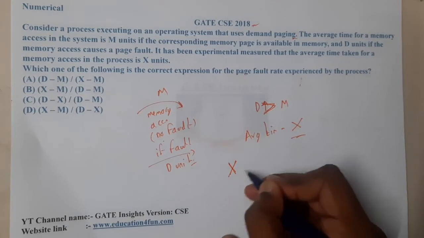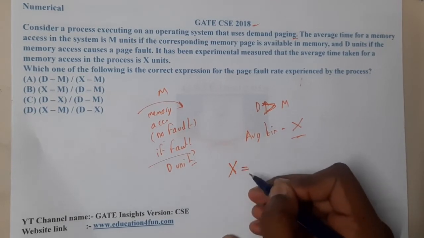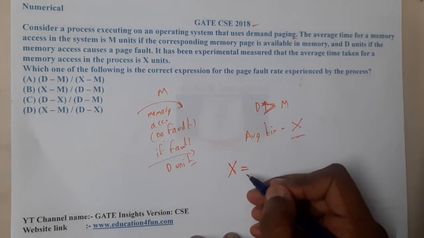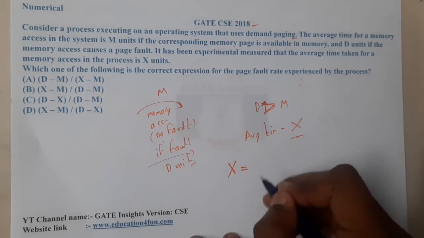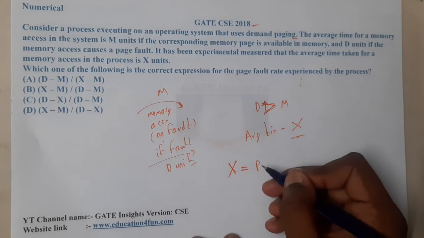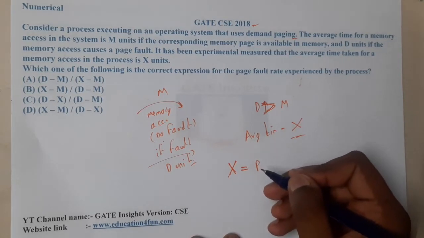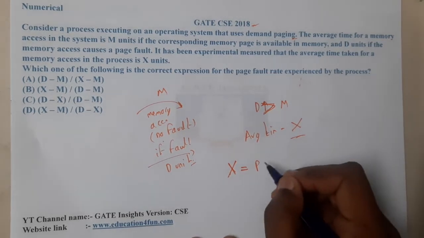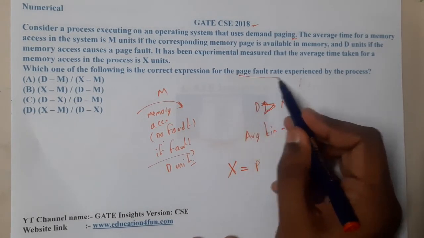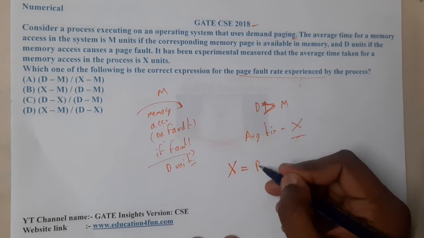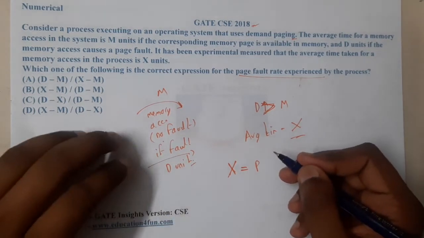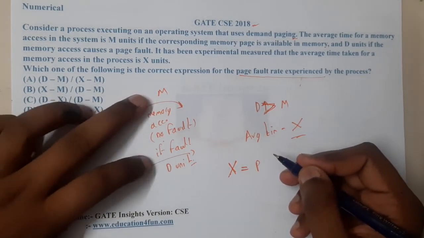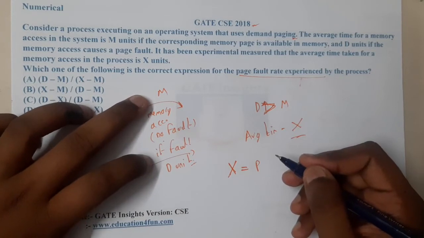So let us assume p is the probability for actual occurrence of a page fault. We are observing with respect to page fault, so that's the reason I am taking p for page fault.